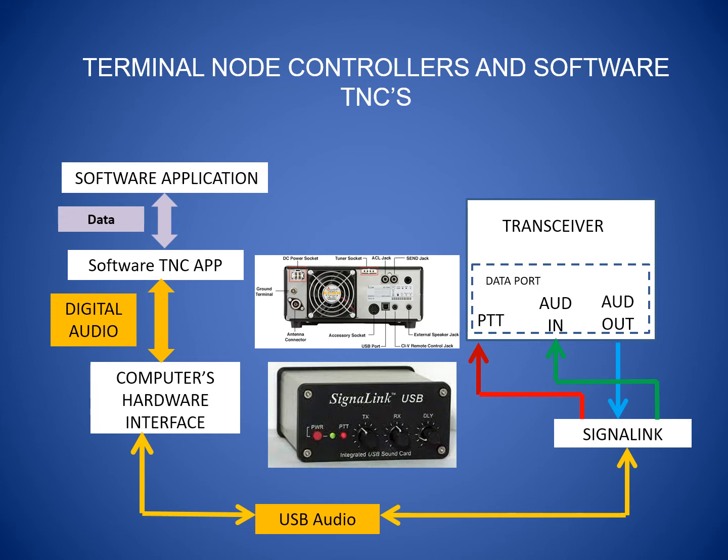But the packet software or a software TNC encodes the information and sends that information via audio tones to the computer's hardware interface, and in this case it's the USB. And the USB either sends that information to the embedded sound card that's on the transceiver or an external device, in this case a SignaLink, and the SignaLink handles the push-to-talk and the audio in and out and sends that information back to the computer where it's decoded and the presentation is made on the screen.